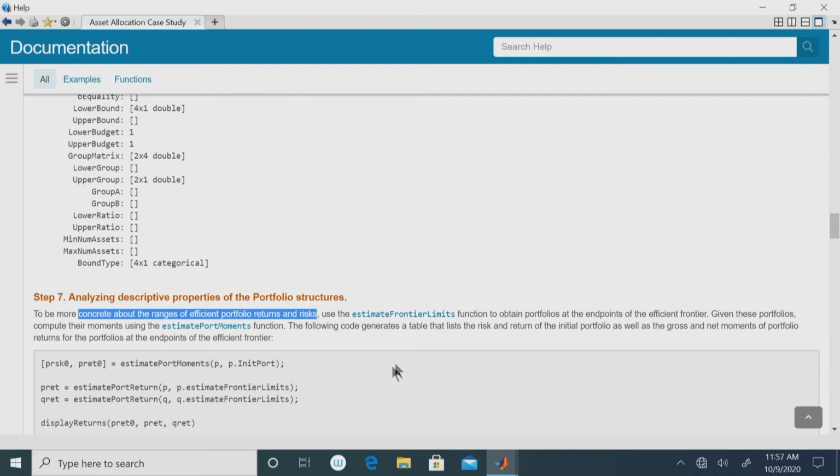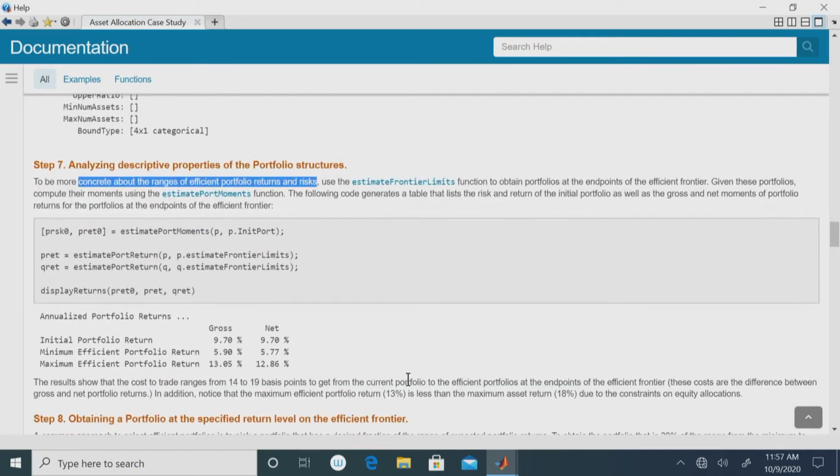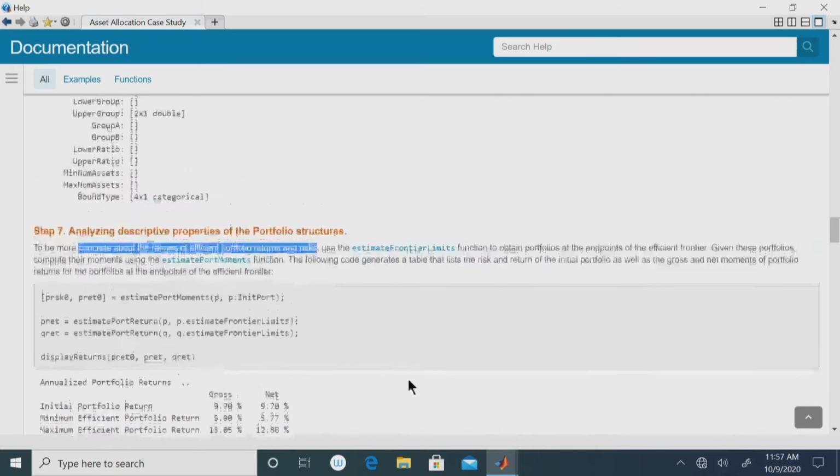So, essentially what estimate frontier limits does is that it will identify the extreme points, and by extreme points I mean that it is going to identify the extreme return that you get for the efficient frontier in case of both P without the transaction cost and Q with the transaction cost.